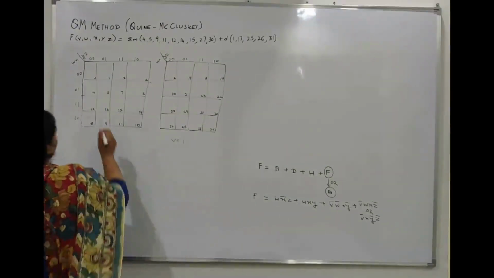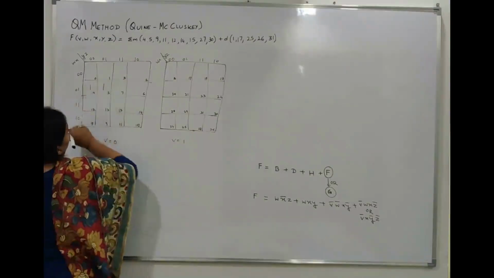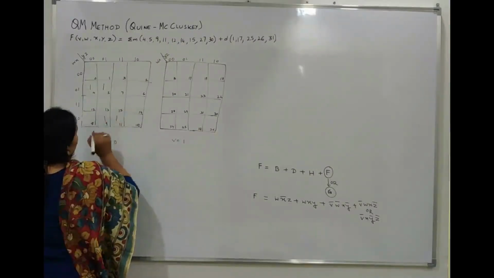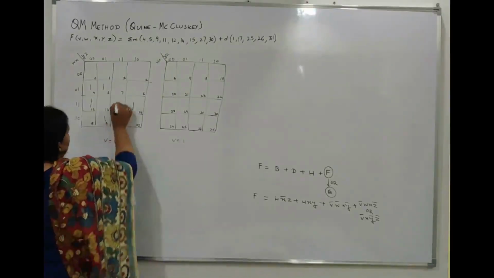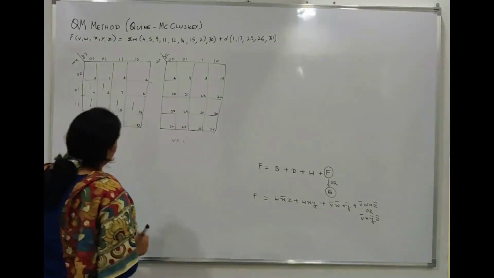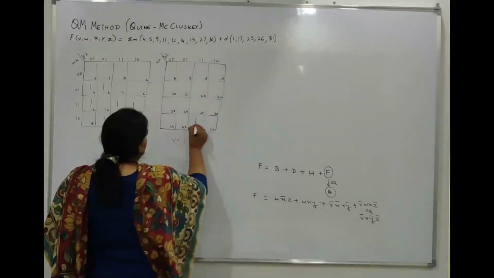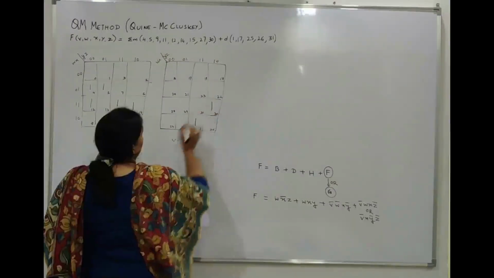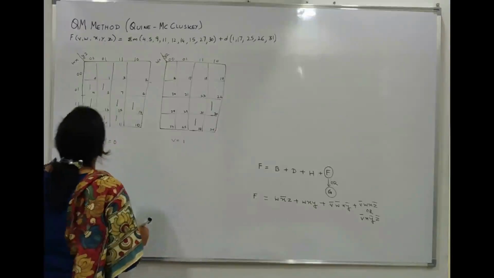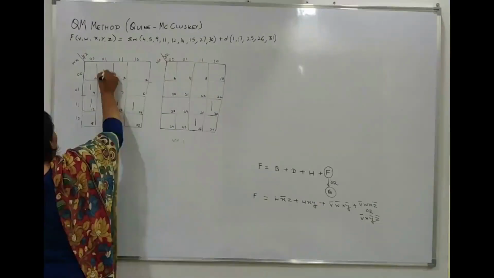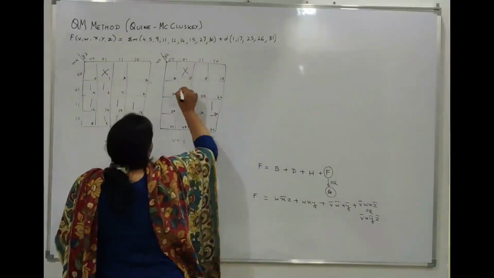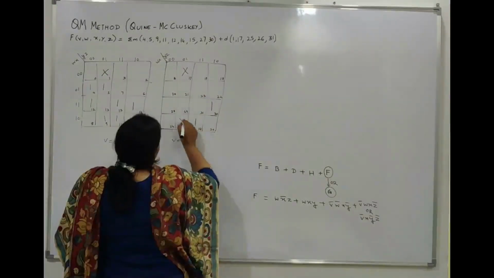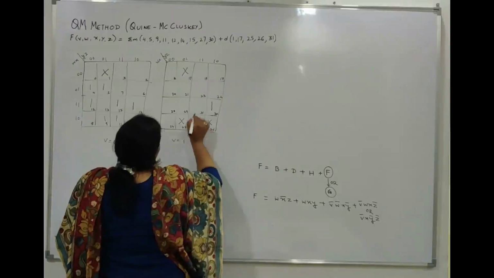So we have 4, 5, 9, 11, 12, 14, 15, 27 and 30, and 1, 17, 25, 26, 31.